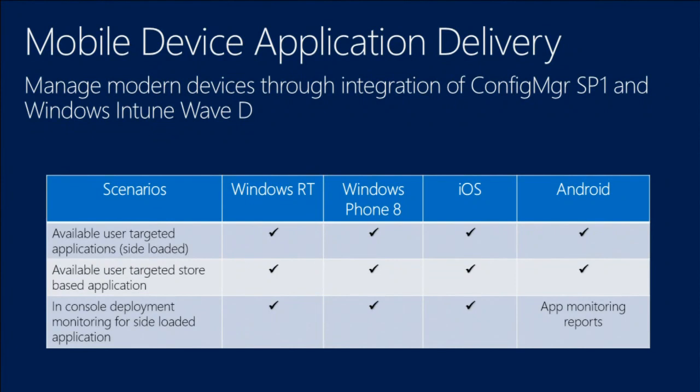How many of you had a chance to attend the Windows Intune overview session this week? Okay, quite a few. So we went over some details of how to do that. You can go back and look at that session as well, which will provide you some scenarios and pointers on how easy it is to set up the Windows Intune connector to accomplish these scenarios.